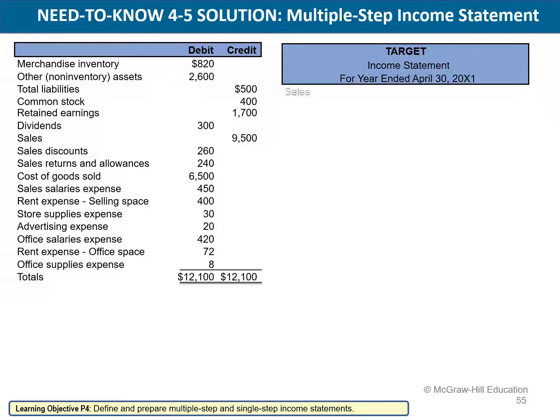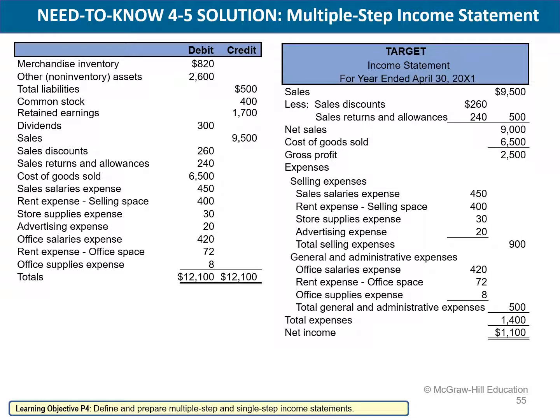So if we're going to prepare the multi-step income statement, we start with gross sales first, which is at $9,500, less the sales discounts and returns and allowances for a net sales of $9,000, less cost of goods sold equals gross profit. And then they asked us to split the expenses into selling and into general and administrative.